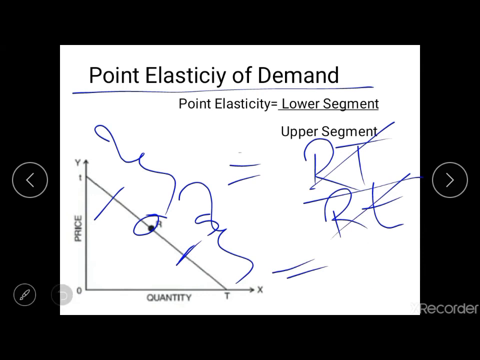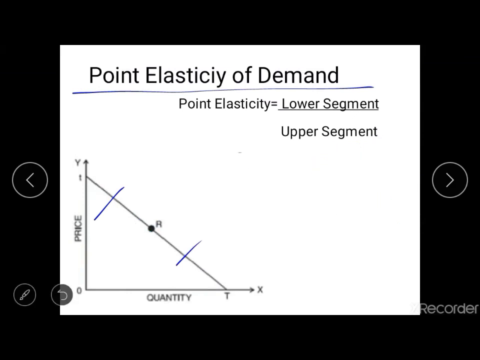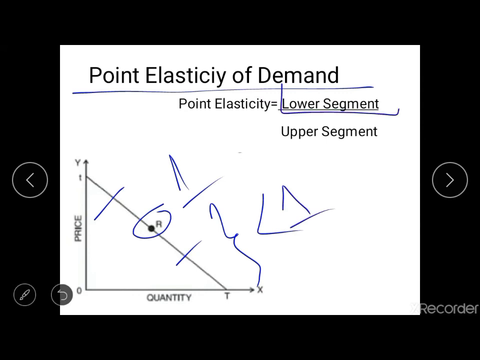So what we can understand from here is, at the midpoint, the price elasticity would always be 1. As we move lower from the midpoint, the point elasticity gets lesser than 1, because the lower segment is lesser than the upper segment.